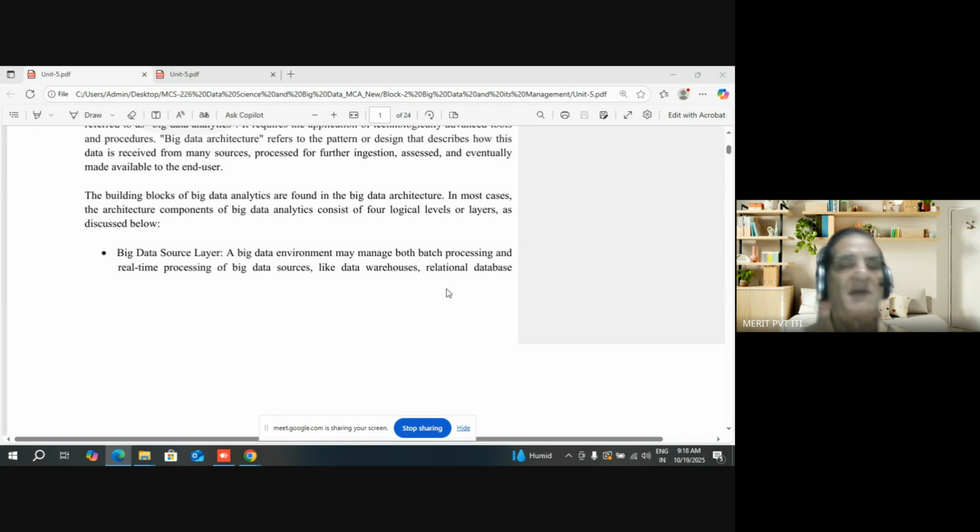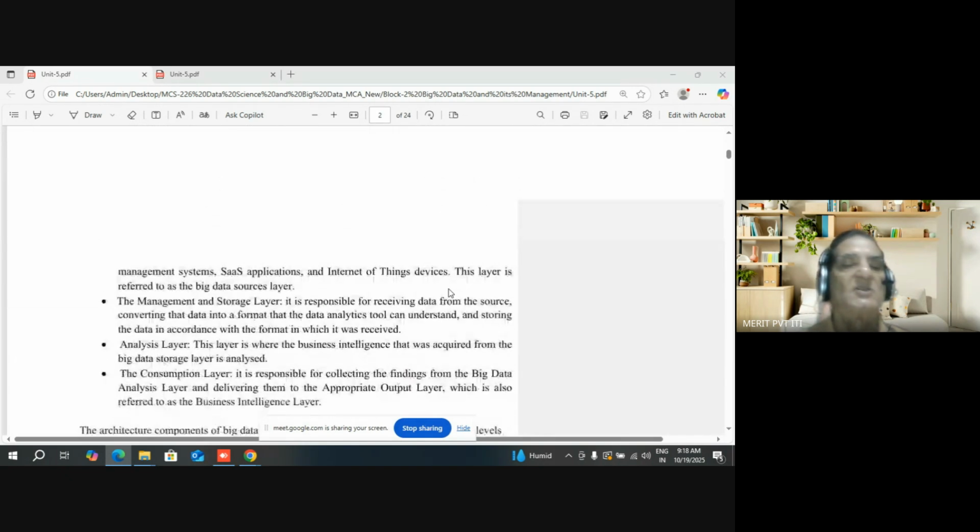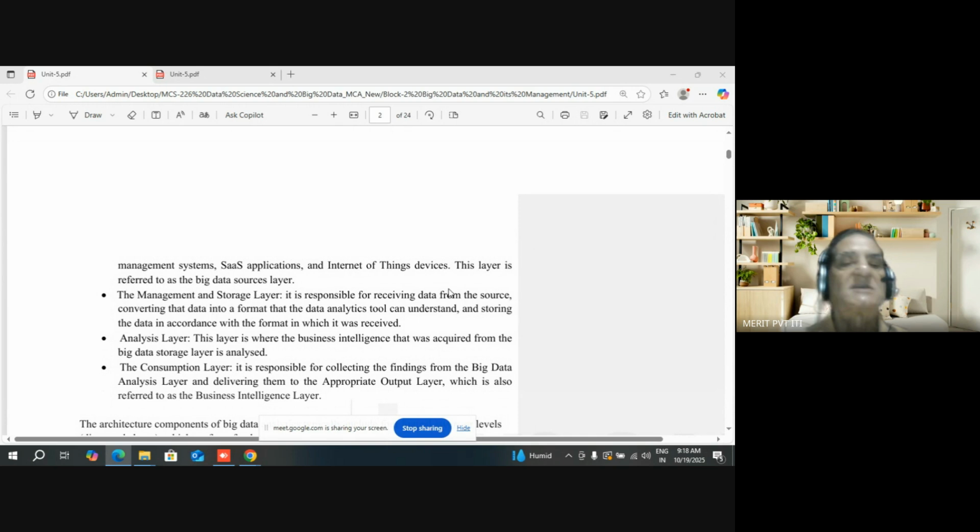So in the data warehouse, the relational database and all these are used. So SaaS applications and Internet of Things devices, this layer is referred to as the big data source layer. The management and storage layer: again, receiving data from the source and then formatting and doing the data analytics and all that.